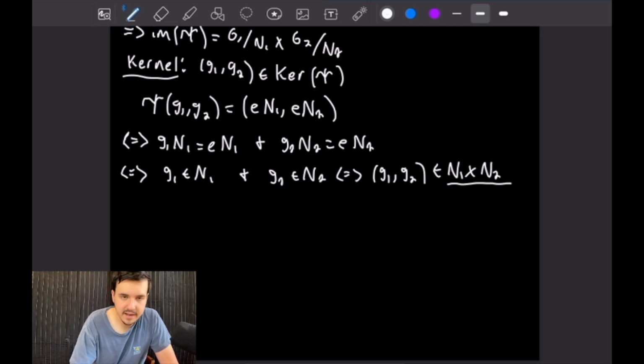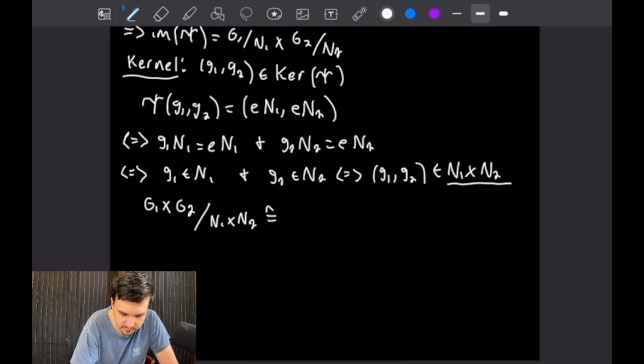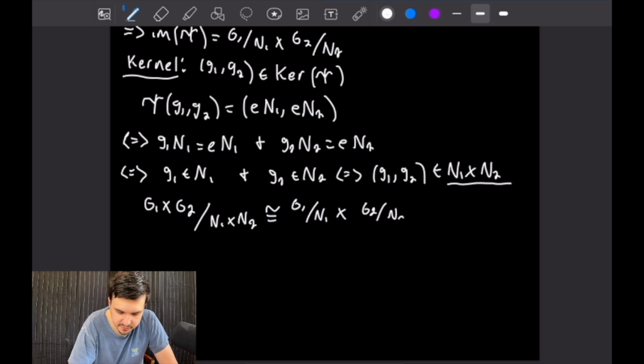So we can apply the first isomorphism theorem here and prove that these are isomorphic. Just to state what I just said, that means that G1 cross G2 mod out our kernel, which we just found to be N1 cross N2, must be isomorphic to what we calculated for the image here, and that is G1 mod N1 cross G2 mod N2.